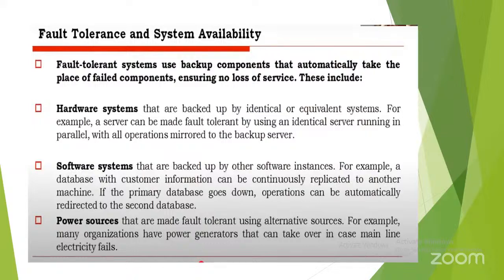Then definitely it is replaced. The service can be made fault tolerant by using identical servers running in parallel. Parallelly, you maintain one more place with the same data. Hard disk will have a problem, the CD may get lost, but there is a pen drive. So there are alternatives. Fault tolerance means that if anything fails, the same information can be maintained in another place.